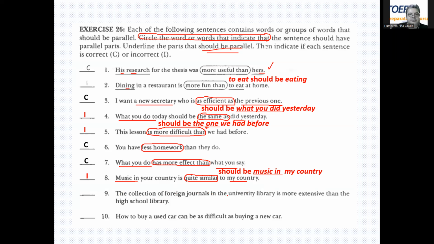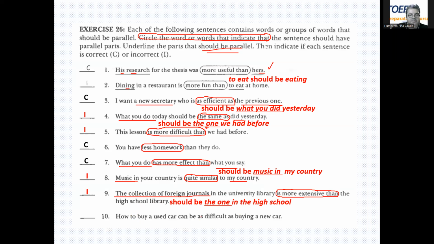The collection of foreign journals in the university library is more extensive than the high school library. Okay, so we're talking about the collection of foreign journals because that's not on the other side of the comparison. So that's incorrect. It should be the collection of foreign journals in the high school or the one in the high school.